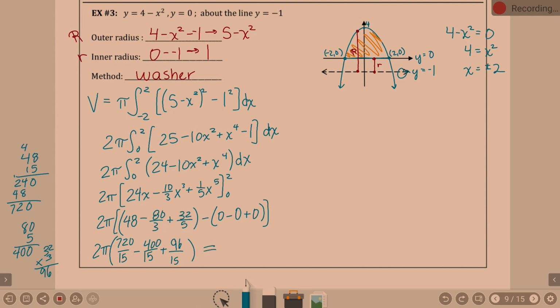I did not get 400. 80 times 5? I did 80 times 18. Why 18? I don't know. We're going for a common denominator of 15. 3 times 5 is 15. 720 minus 400 is 320. 320 plus 96.